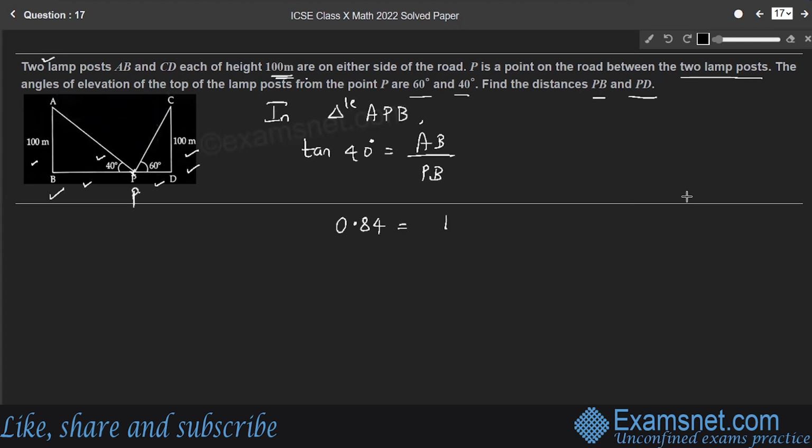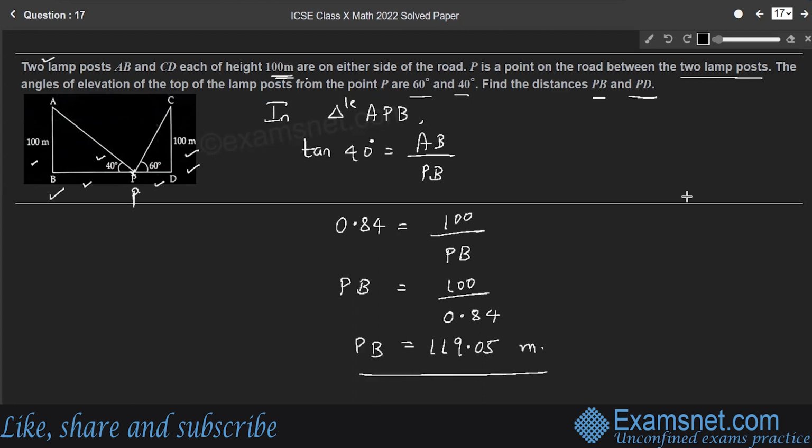AB is 100 meter, which is given, and PB we need to calculate. So PB is 100 by 0.84, which is 119.05 meters. So PB distance is 119.05 meter.